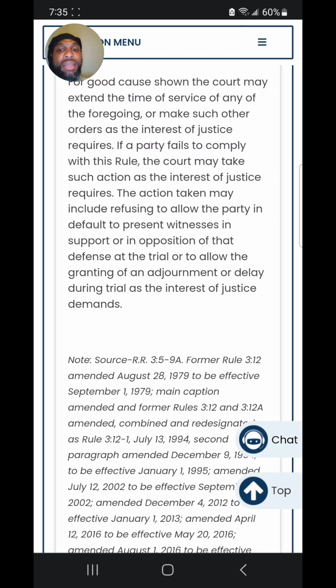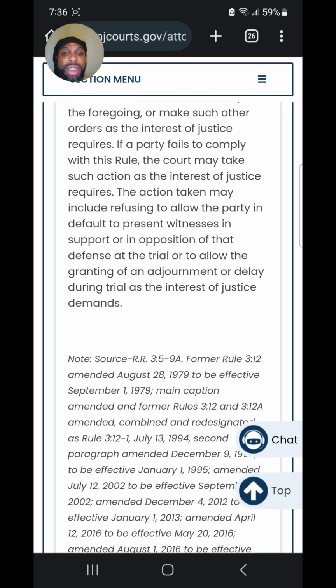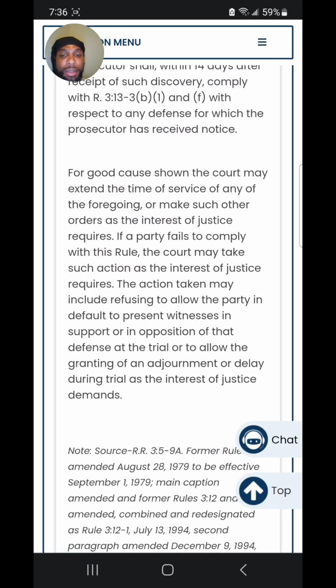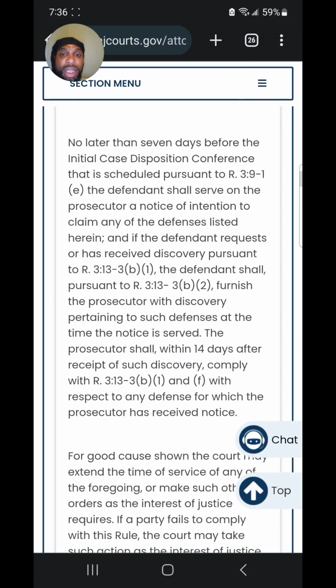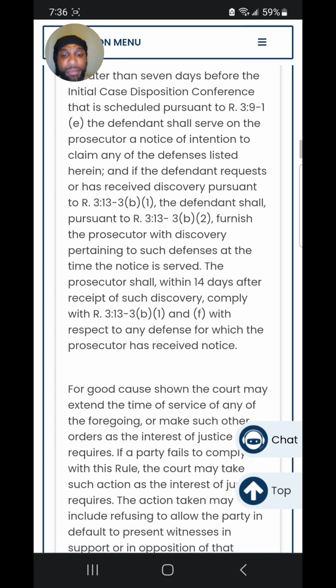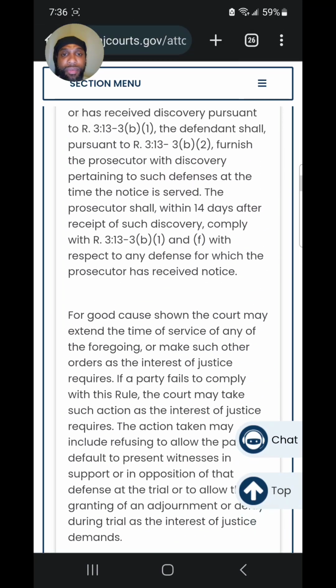The action taken may include refusing to allow the party in default to present witnesses in support or in opposition of that defense at the trial, or allowing the granting of an adjournment or delay during trial as the interest of justice demands. So these are the effects of someone going into default in a court case, and if you're dealing with the defendant and the opposing counsel, who's the prosecutor, right? So that's that.